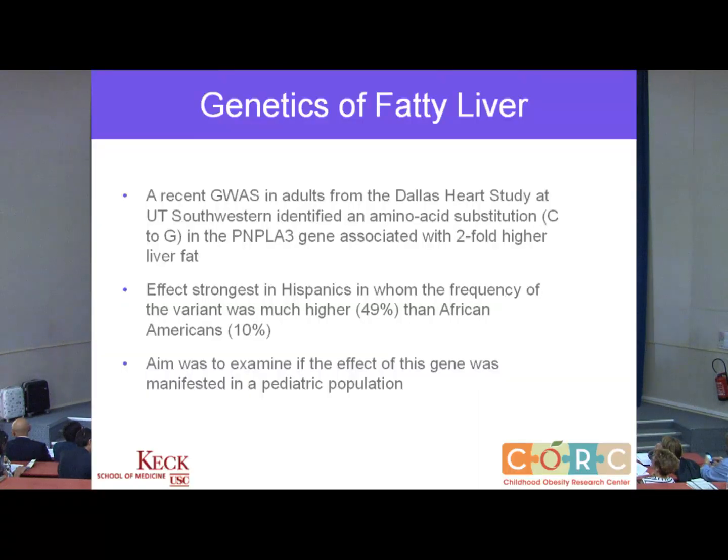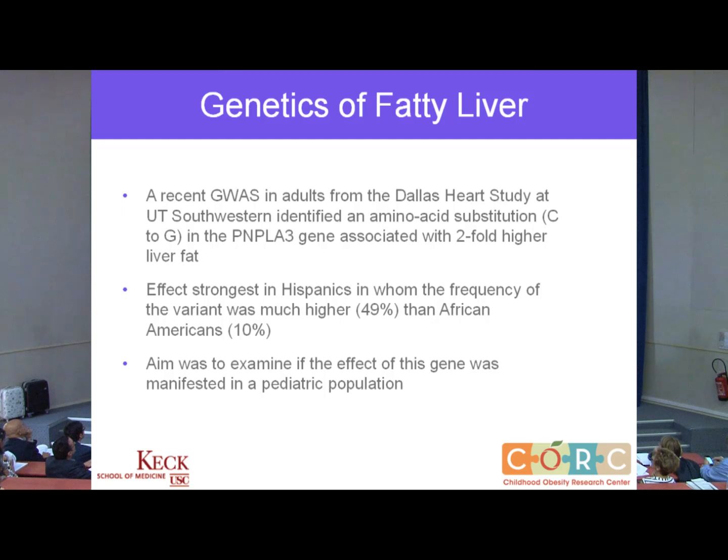Now, there are some very interesting genetic components to this, which also are quite specific to Hispanics. And some of this was derived from a GWAS in the Dallas Heart Study, which identified this gene, which is a single nucleotide polymorphism. It's a C to G substitution.